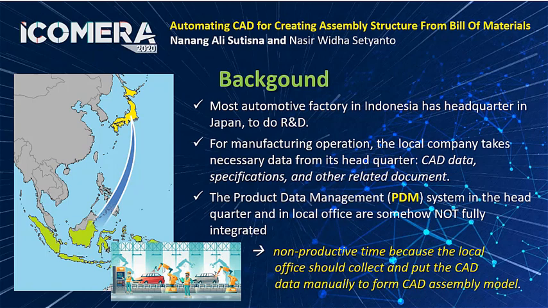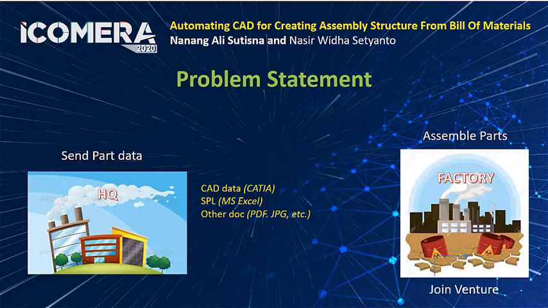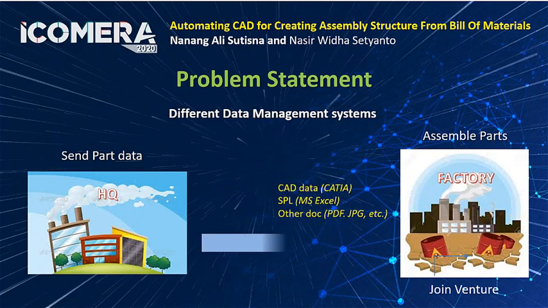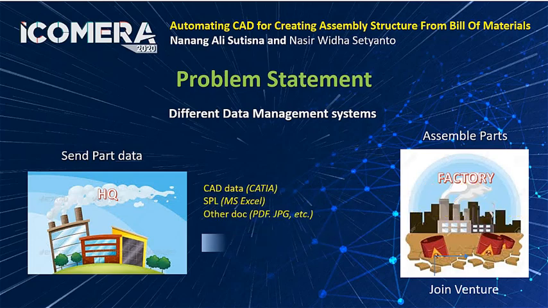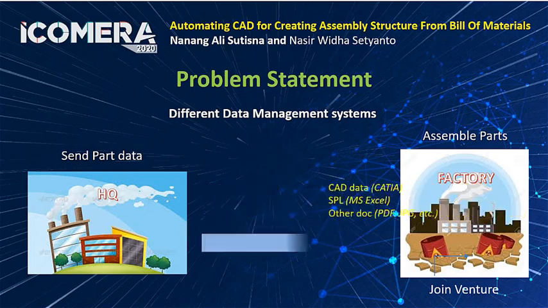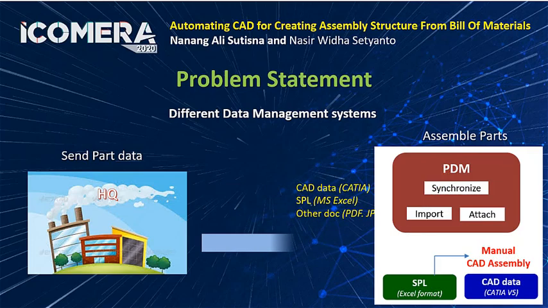Therefore, it creates non-productive time because the local company should collect and put the data manually to make a CAD assembly model. The problem arising from this situation is, since the CAD data, SPL, and other documents are sent separately, there is a need to assemble the product manually in the local company in terms of the CAD assembly data.